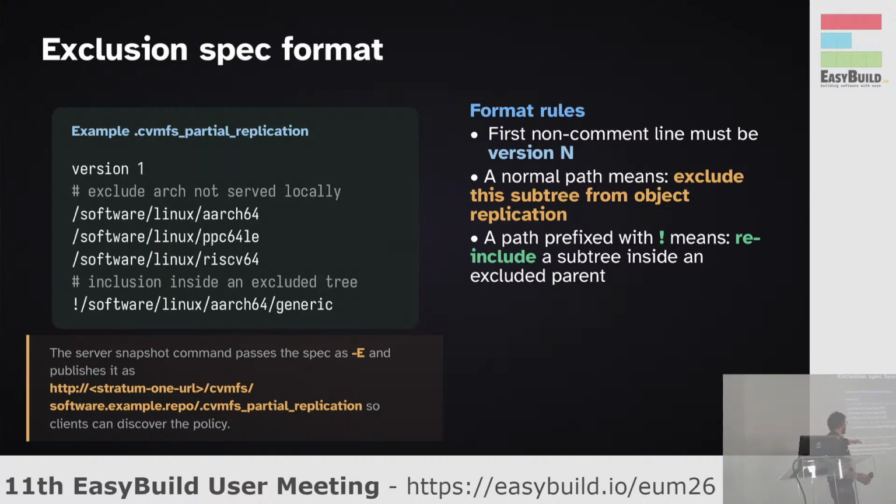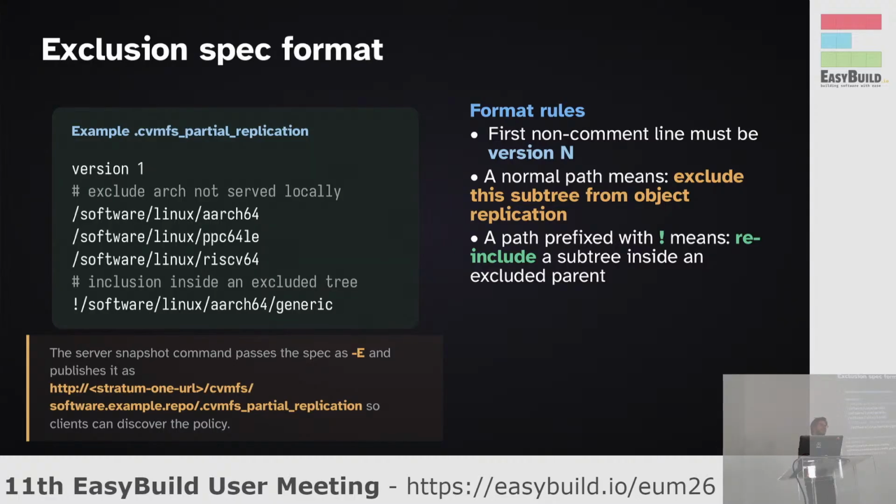You specify this when doing a snapshot from the stratum 0. This is also then exposed on the server, so the client can transparently see this is a partially replicated repository. This is quite simple.